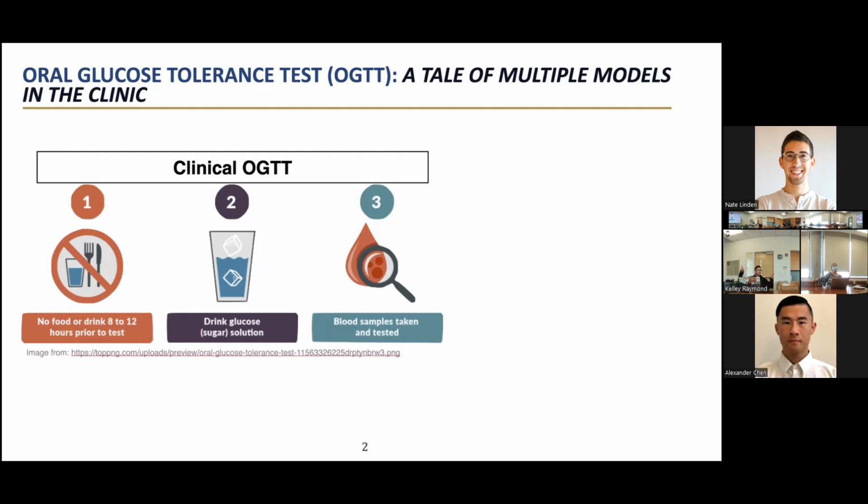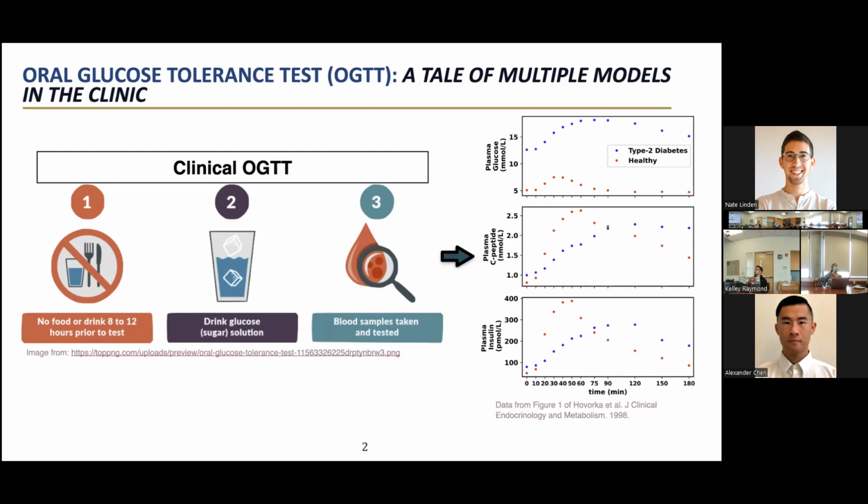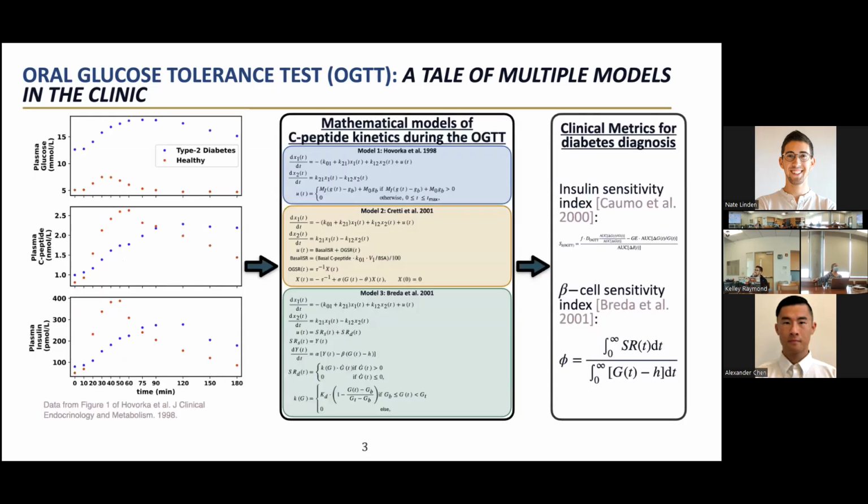That'll spike their blood glucose, and we can measure the response of insulin, another molecule called C-peptide, which is secreted in a 1-to-1 ratio with insulin and is easier to measure, and then glucose in the blood. Then we can use this data to make some sort of prediction and diagnostic about the patient. And these predictions, these diagnostics, are made using mathematical models.